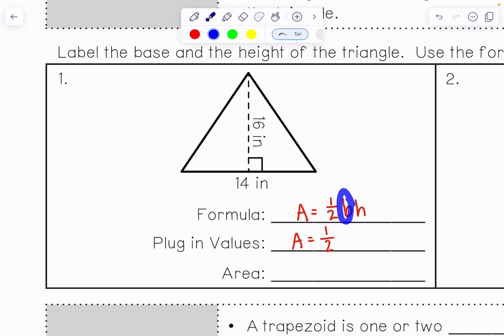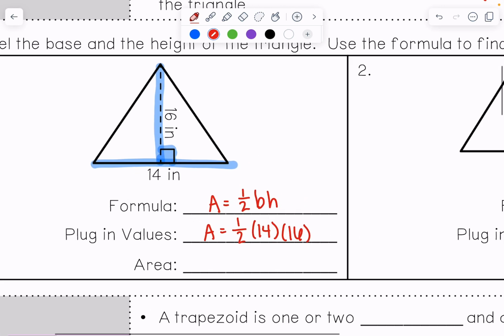The base is typically the bottom, but I like to look for my right angle first. Here is my right angle. Okay, so our base is 14, so we're going to multiply by 14. And the height along that right angle is 16, so we're going to multiply by 16.